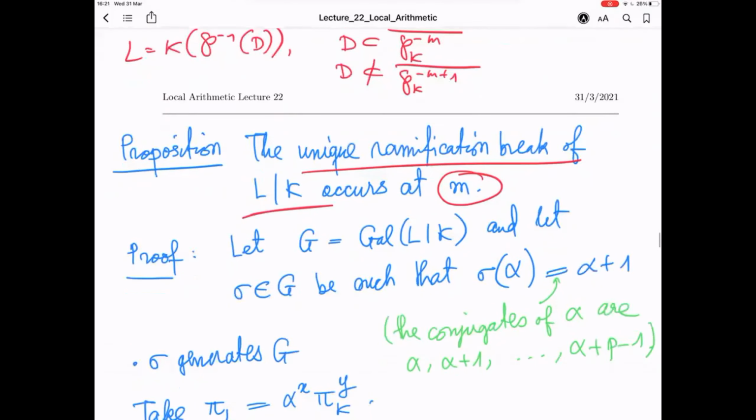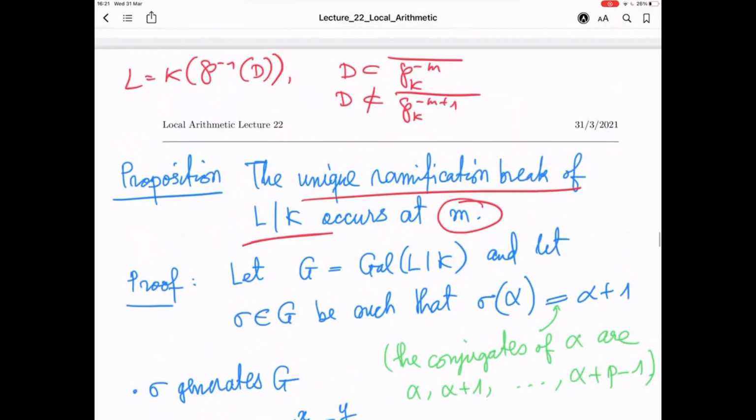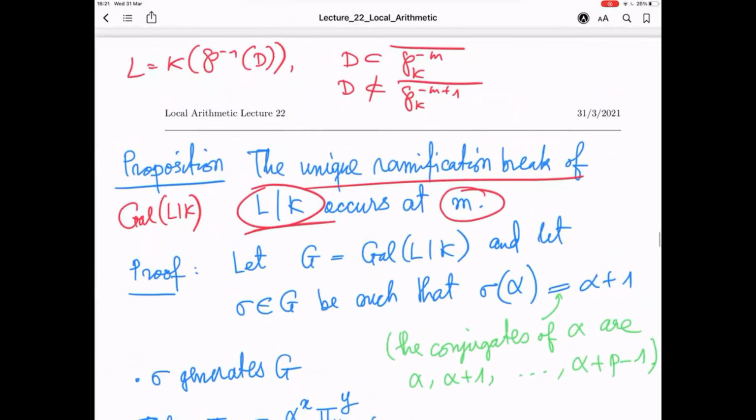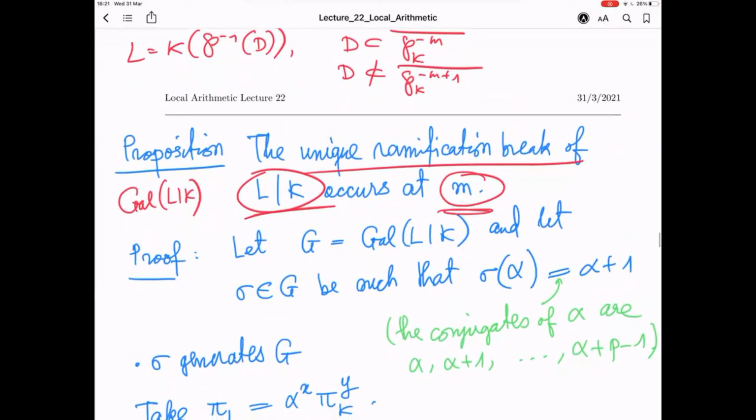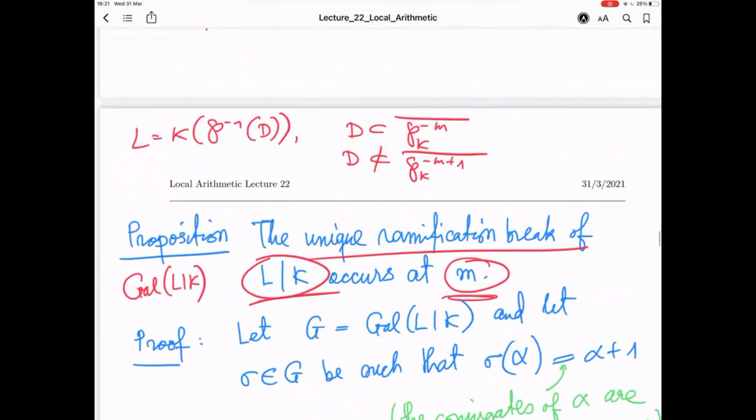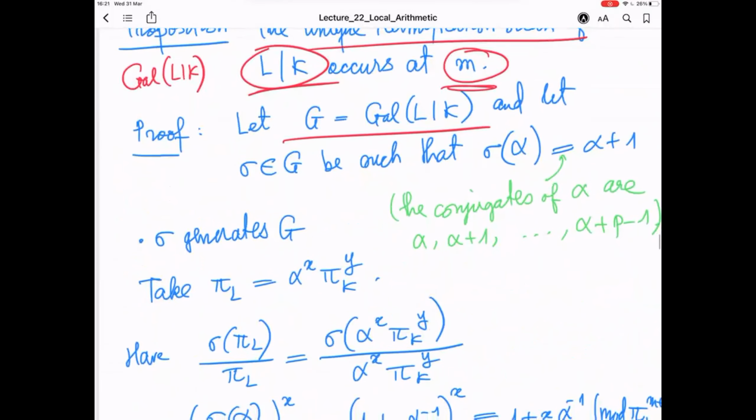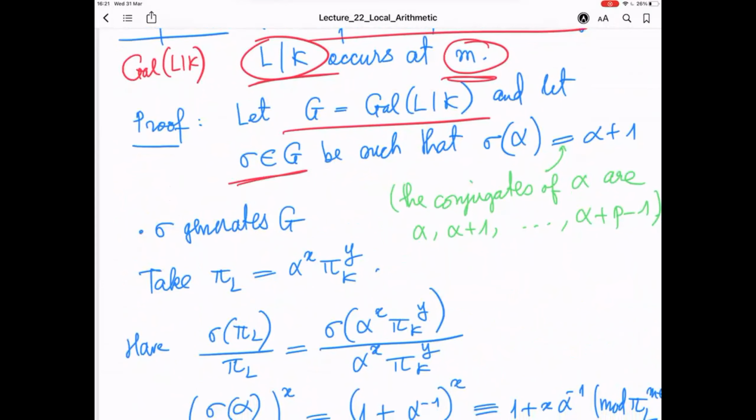In that case, the unique ramification break for L over K, or for the Galois group of L over K, one should say, strictly speaking, occurs at this M. So let's put G equal to the Galois group, and let sigma be its generator.